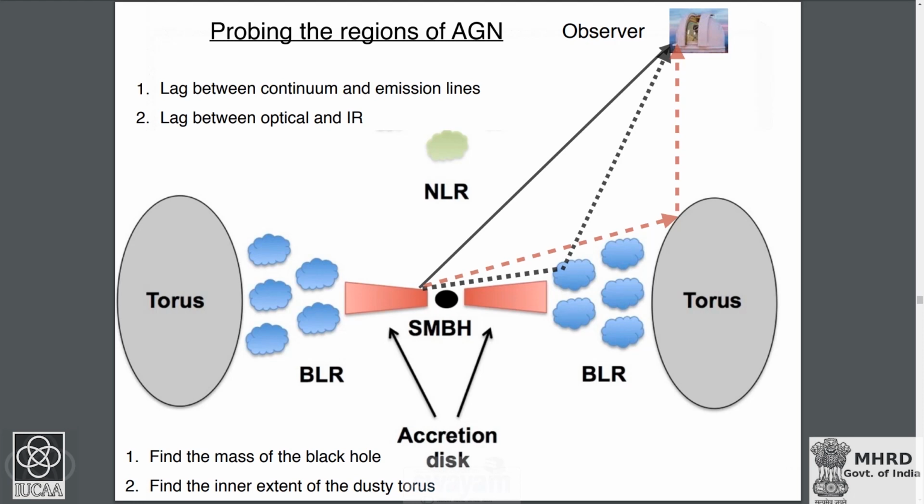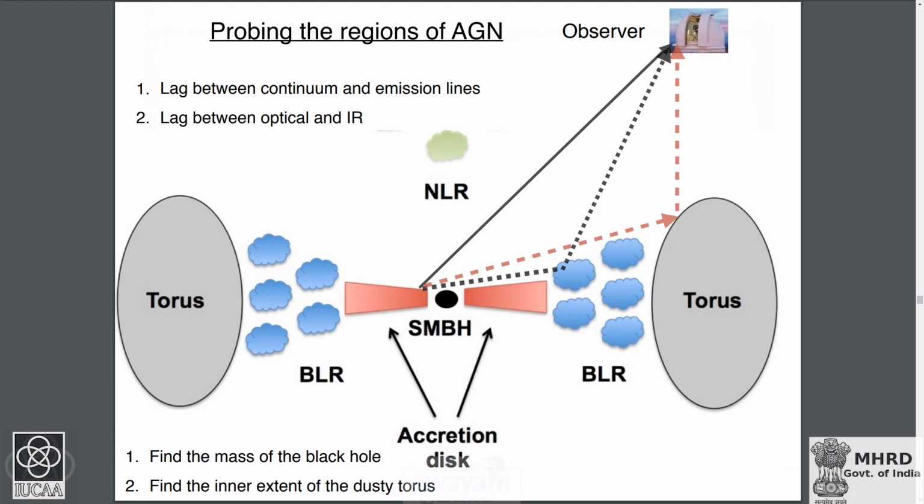Therefore, if you monitor the source in optical and IR radiation for a long duration of time, you expect to see a time delay between the optical and IR light curves. Light curve is basically a plot of flux as a function of time. This time delay depends on the distance of the torus from the central engine.